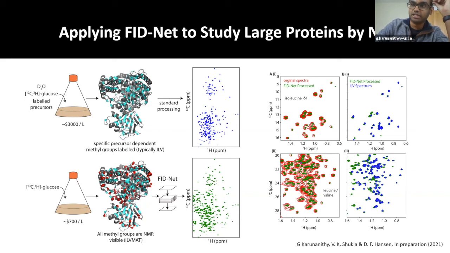You can see the signal is there in the original spectra, but now it's with the line widths you'd expect of an ILV style spectrum, and so you can interpret it essentially. And where there are peaks, you can see they overlap well with the ILV spectrum, and you get some additional ones. This is something we're working on at the moment that we're quite excited about.